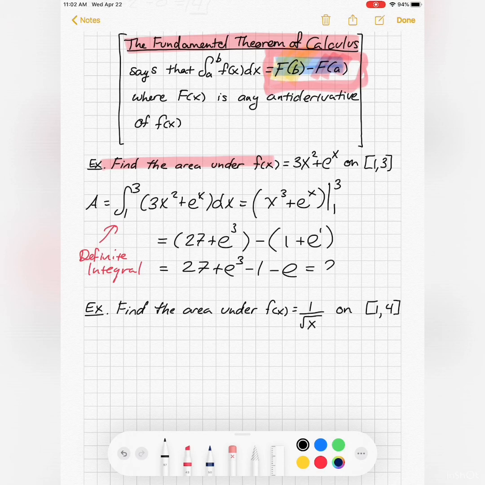So 26 plus e cubed minus e. So there's the exact area under that curve, this one, in between 1 and 3.